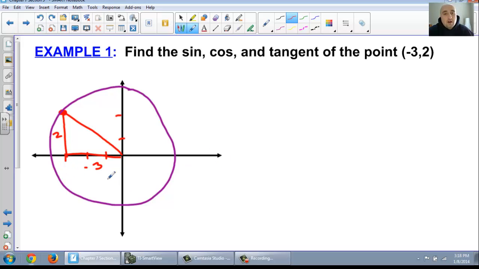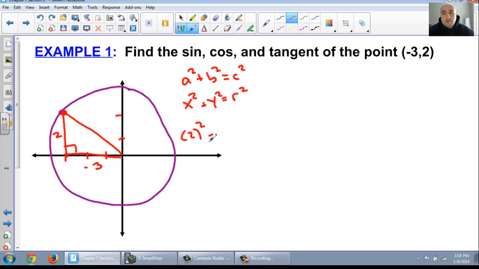How are we going to find our hypotenuse, which is the radius of our circle? Well, we do it the same way we always do. You do the Pythagorean theorem: a squared plus b squared equals c squared. You could also replace it with x squared plus y squared equals r squared, because those are the letters we're using now, but it's the same exact thing. We know our two legs are 2 and negative 3.